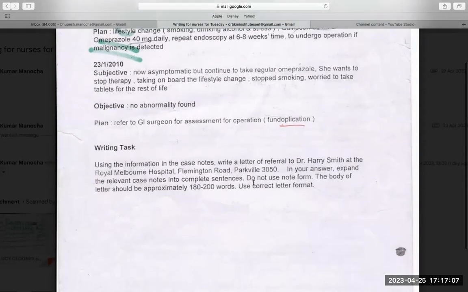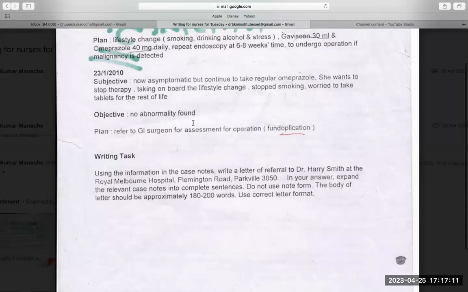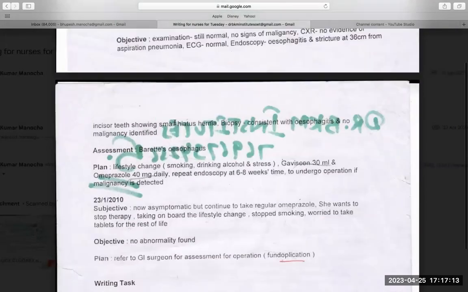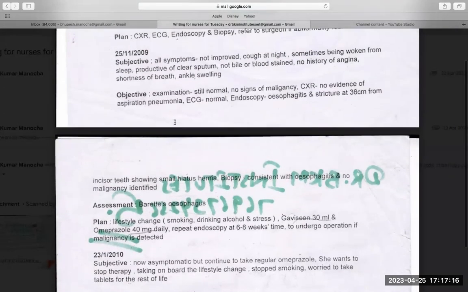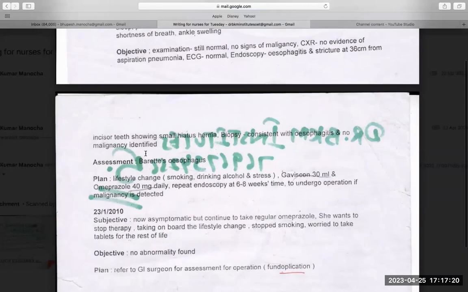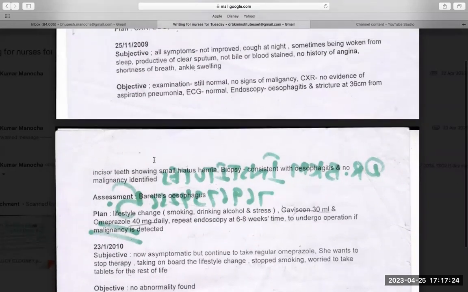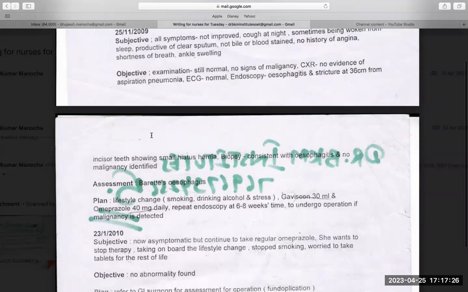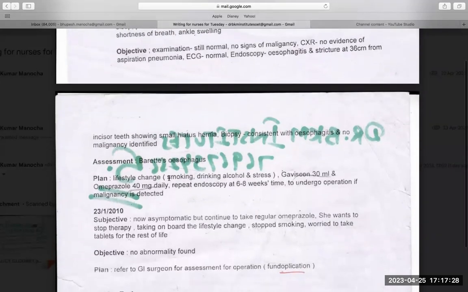So by chance, if you are unable to understand any aspect of this letter, you can simply write this. Let's see what has happened to this patient. In this letter, the patient is having Barrett's esophagus. So the patient was having Barrett's esophagus on 25th November, and was advised to make lifestyle changes. Medications were prescribed.